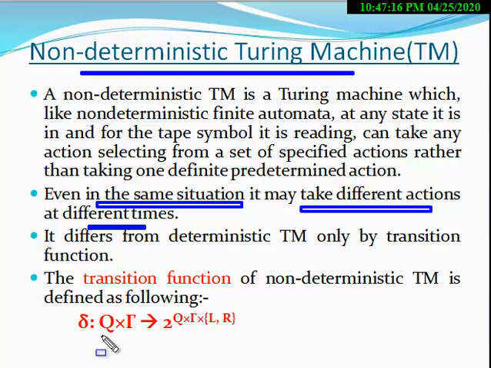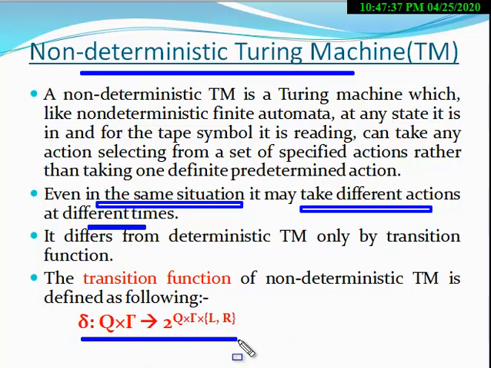So here the transition function is defined like this. The transition function is defined from Q cross Tau to 2 to the power Q cross Tau cross {L, R}. All of you are aware of Q, Tau, L and R, right?